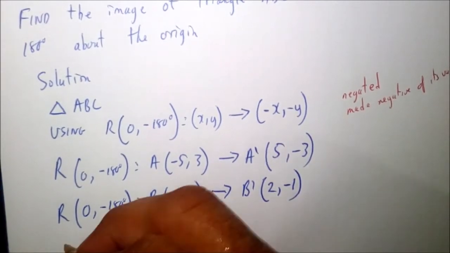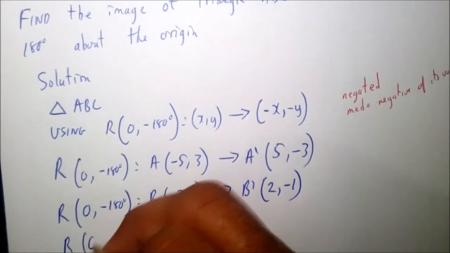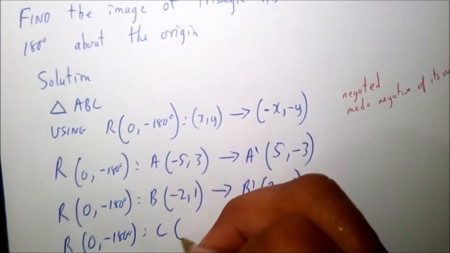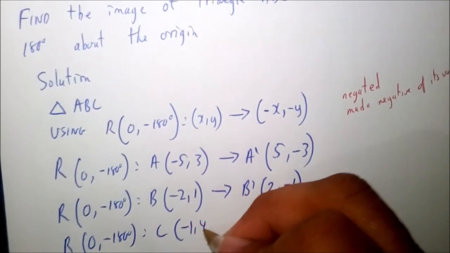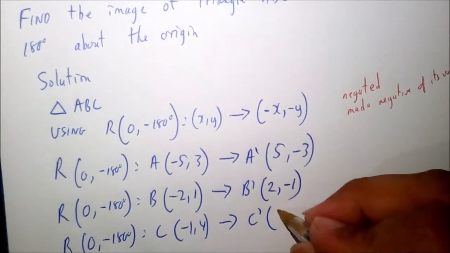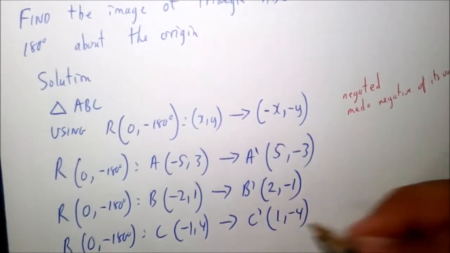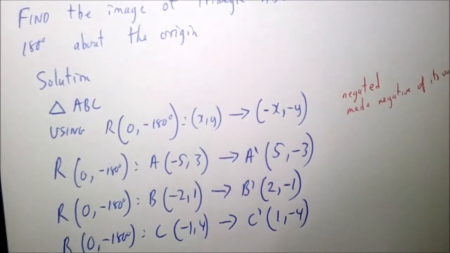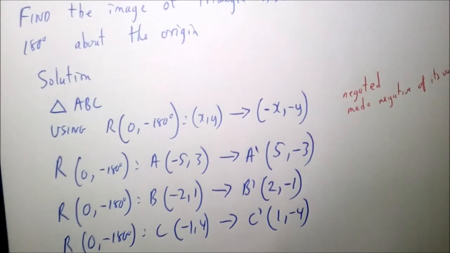And then our third point, rotation 0, -180 degrees, is such that the point C, (-1, 4), will go to C prime, which is (1, -4). Now that is our rotation of 180 degrees clockwise or anti-clockwise about the origin.